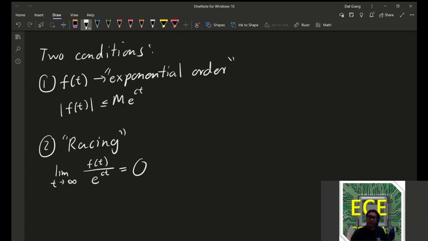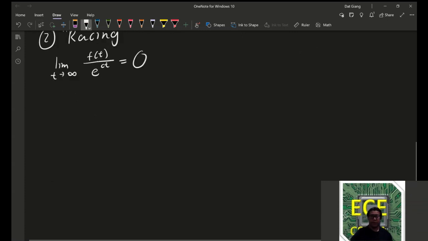So what kind of functions are we really dealing with? One, we could be dealing with polynomials. Because polynomials grow much slower than exponentials, this has a valid Laplace transform. What about exponentials?